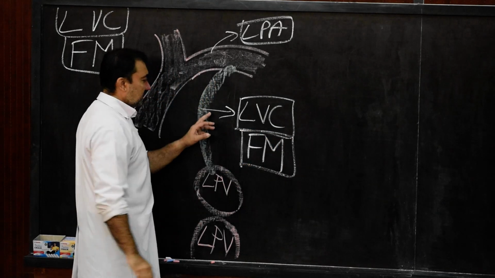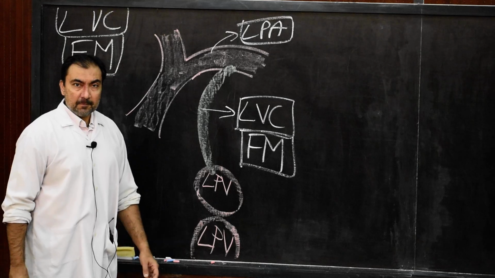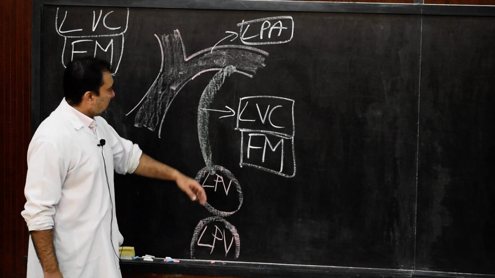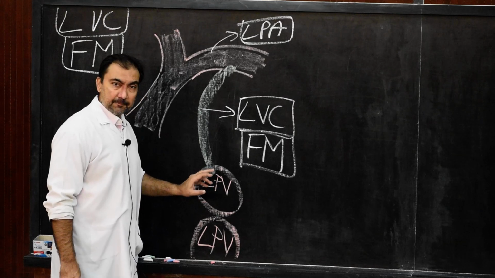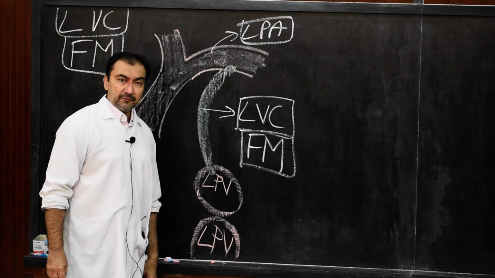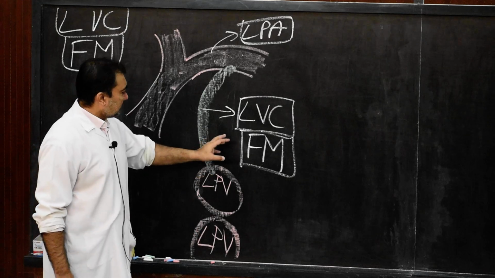So it is basically a fold of serous pericardium which will connect the left pulmonary artery with the upper left pulmonary vein. Now what is the importance of this ligament of left vena cava or fold of Marshall?